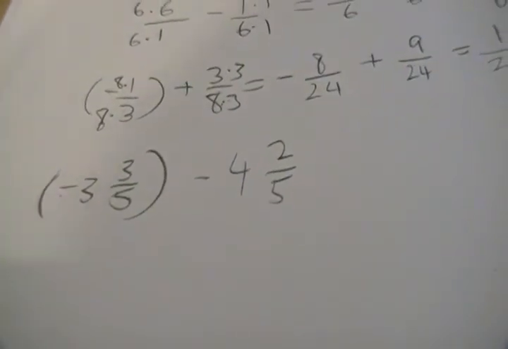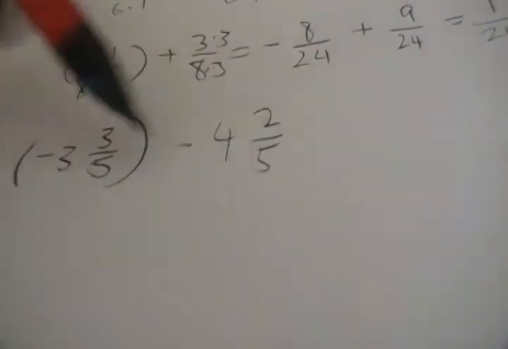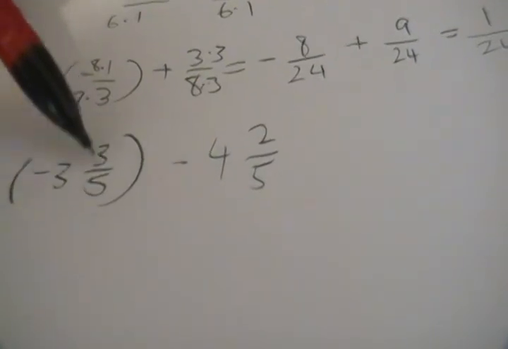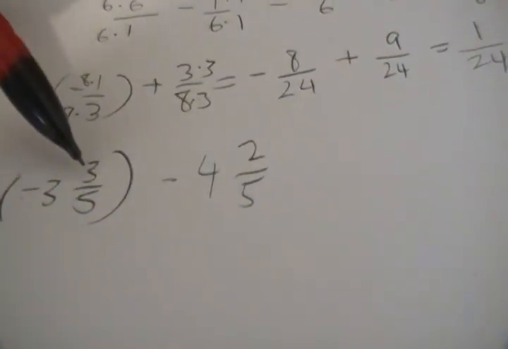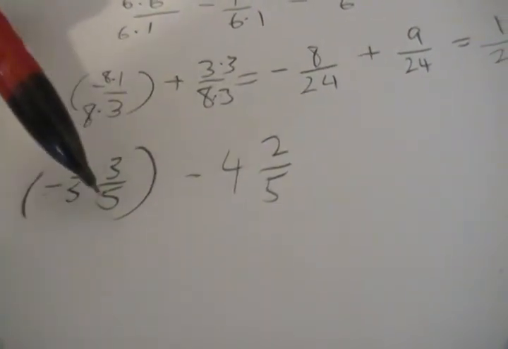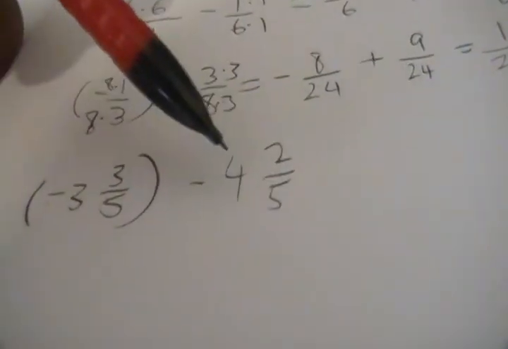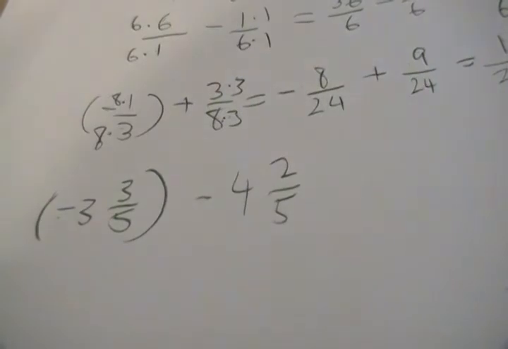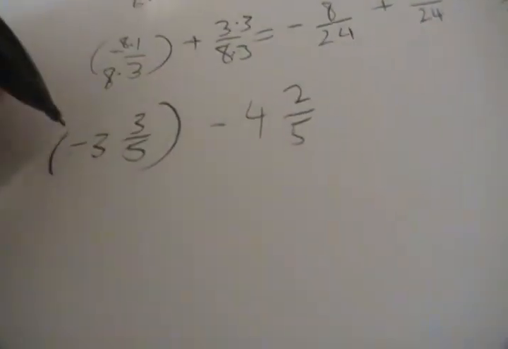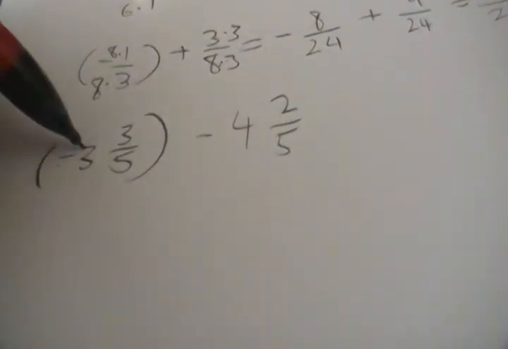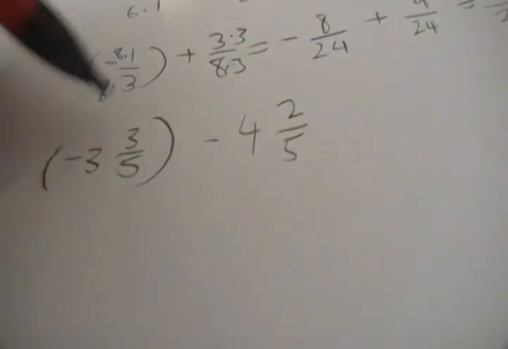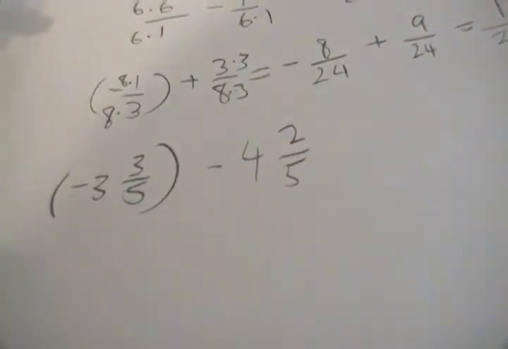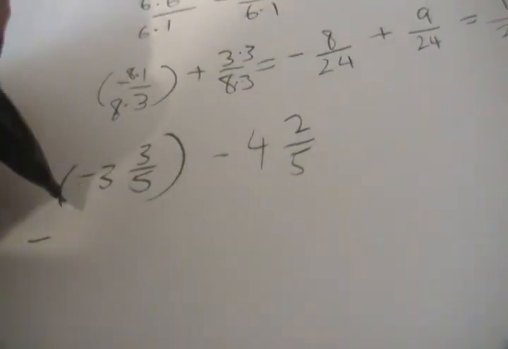However, when you add the fractions together, if they become greater than 1, then you have to do some long division and then add that to the whole numbers. So for example, let's add the whole numbers together. We have 3 and 4. So what is negative 3 minus 4? That equals negative 7.